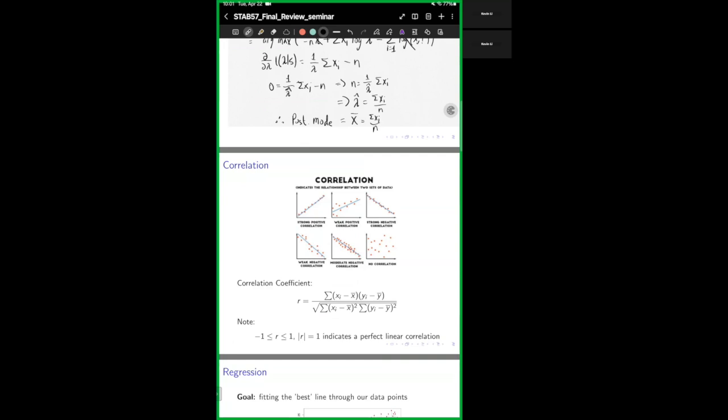Remember the correlation formula: the correlation of x and y is equal to the covariance of x, y over the standard deviation of x times the standard deviation of y. This is what we have as the correlation between x and y.